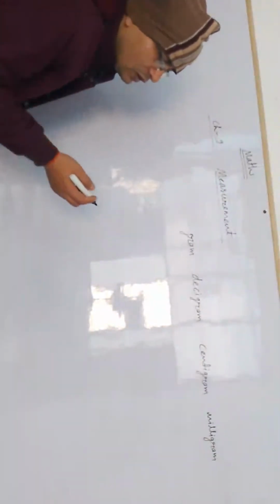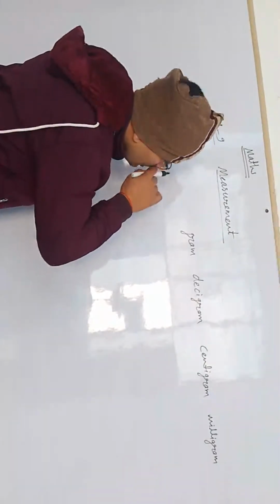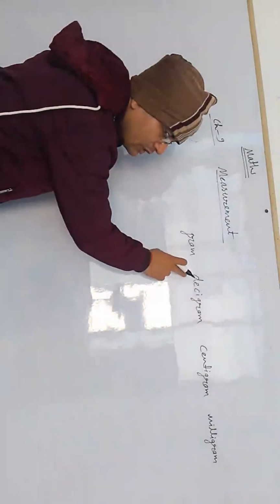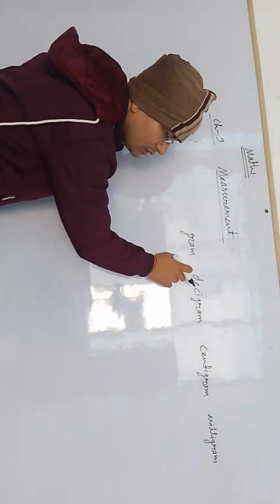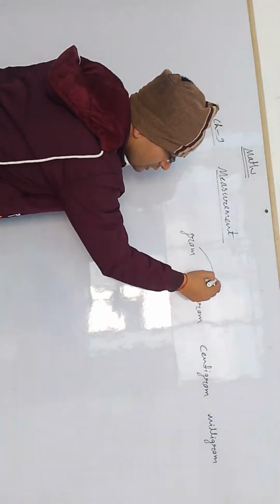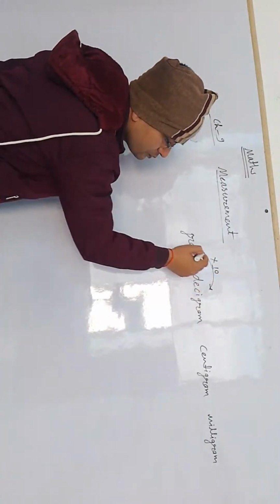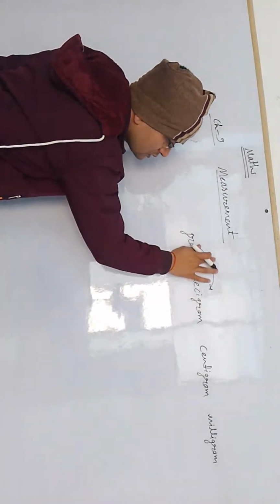Okay, my dear students, now we will multiply by 10. In 1 gram there is how many decigram? 10 decigram.